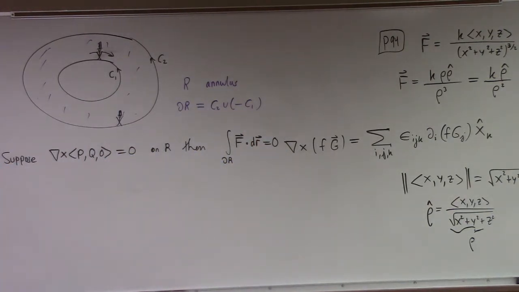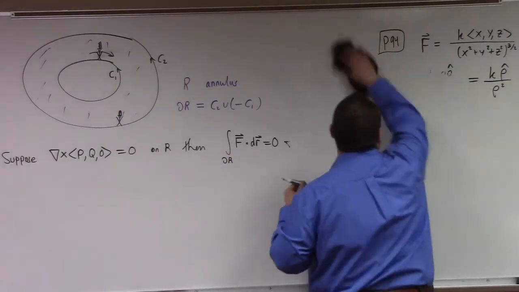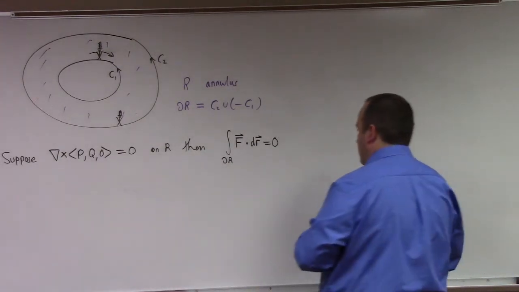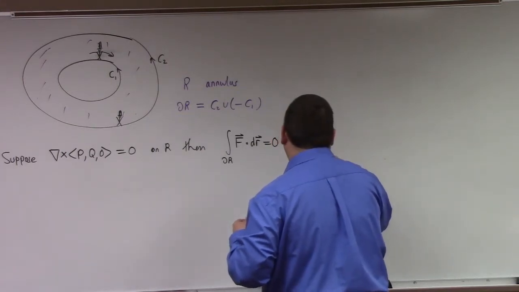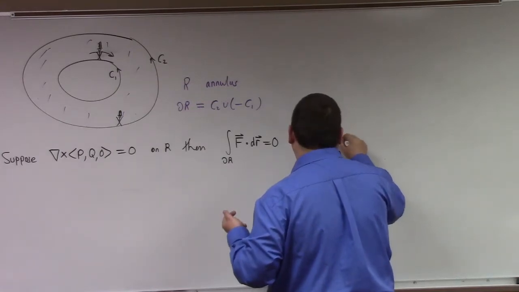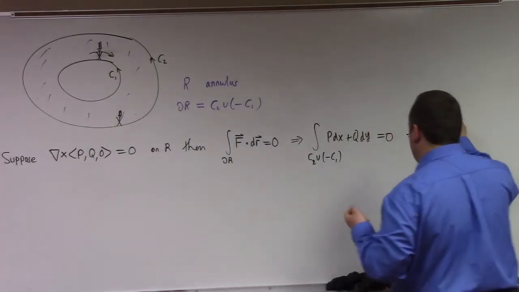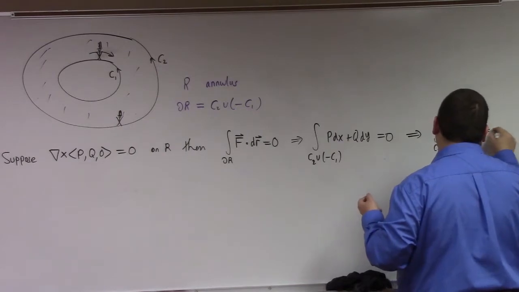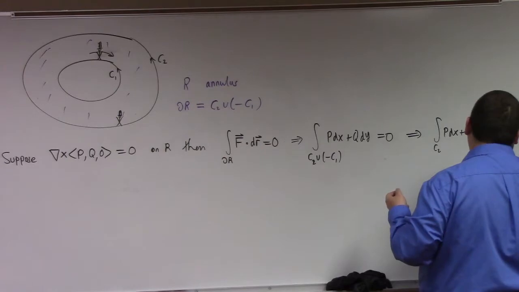But what is the boundary of R? See, this is to say that the integral of C2 union minus C1 of P dx plus Q dy is equal to 0, which then implies that the integral over C2 of P dx plus Q dy is equal to the integral over C1 of P dx plus Q dy.